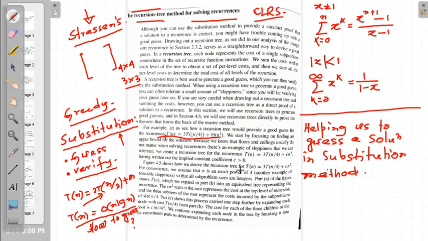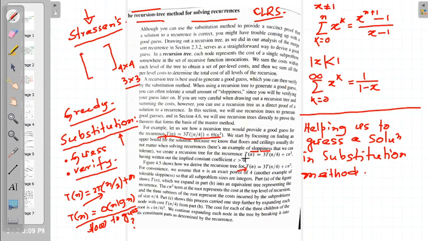After omitting that, it boils down to this recurrence. In the parlance of solving recurrences, we say we are allowing some kind of sloppiness. So the first thing is that we are omitting floor and ceiling.